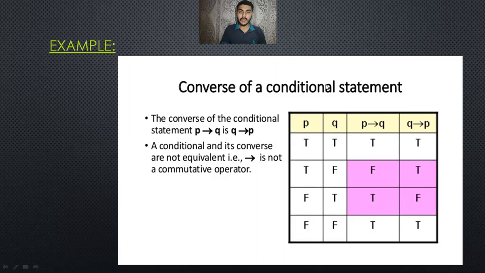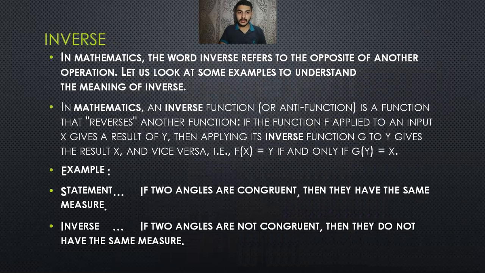So moving to our next topic, that is inverse. In mathematics, the word inverse refers to the opposite of another operation. Let us look at some examples to understand the meaning of inverse. In mathematics, an inverse function or anti-function is a function that reverses another function.